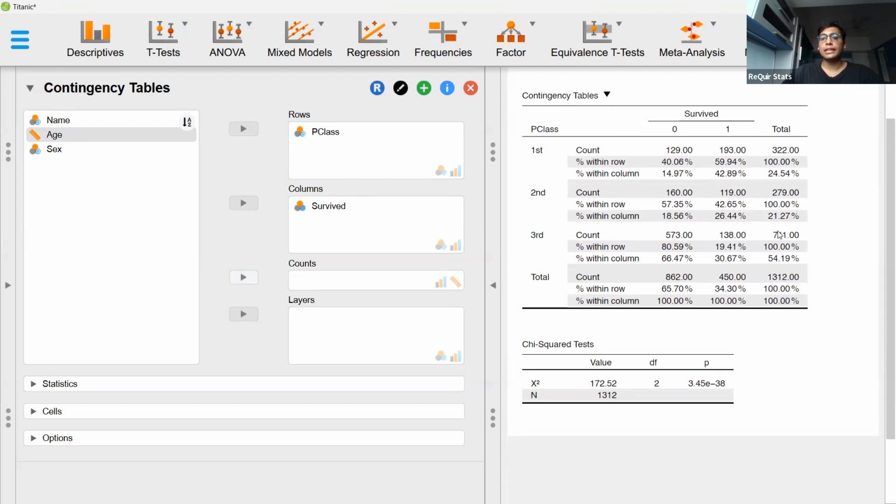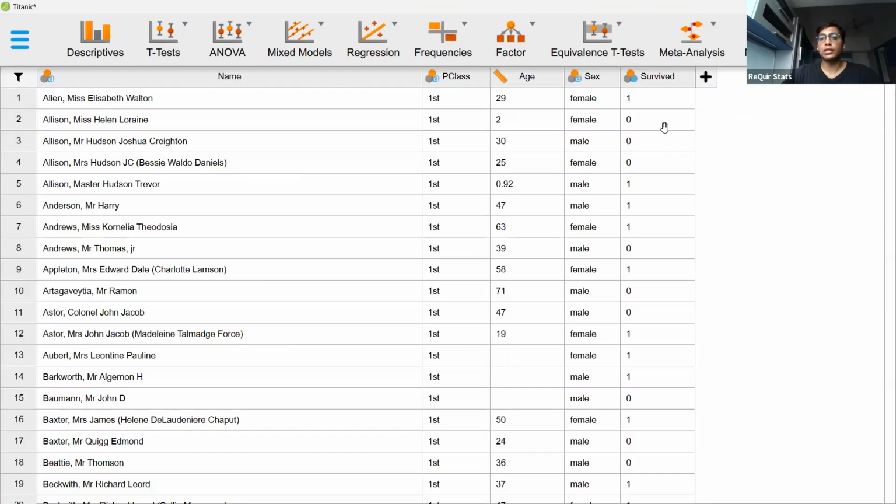So now that we have a basic understanding of how our data looks and what percentages fall into what categories, we now run a regression analysis to predict survival. Now remember, if we have a categorical dependent variable which is binary, also known as dichotomous, it has only two distinct values.